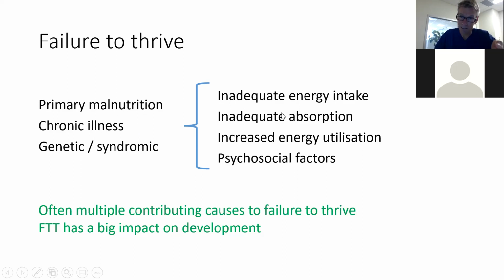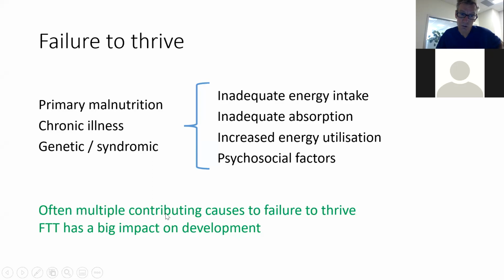There'll always be at least one, but usually there are more, such as a combination of inadequate energy intake, inadequate absorption from their bowel, increased energy utilization, or psychosocial factors. And for many children, there'll be all 4 factors in some way going on as part of the etiology of their failure to thrive.